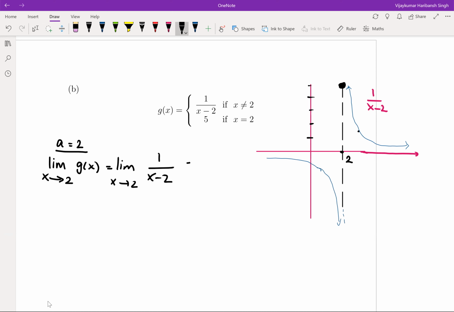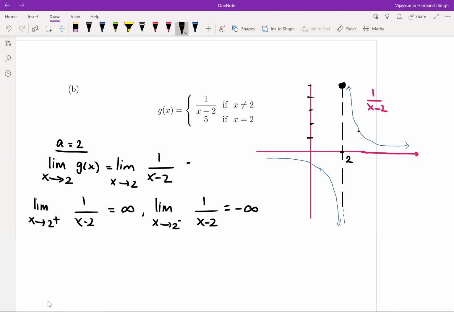For this we have to look at the left hand limit and the right hand limit. So the limit as x goes to 2 plus, because the denominator is going to 0, numerator is not, of 1 upon x minus 2 is going to be infinity. And the limit as x goes to 2 minus of 1 upon x minus 2 is negative infinity.